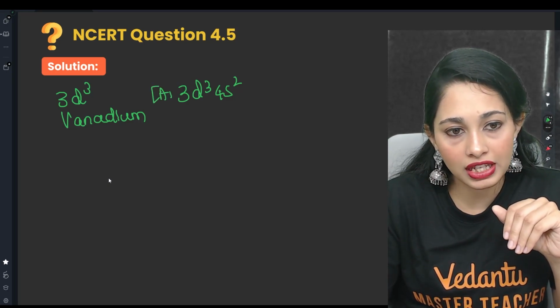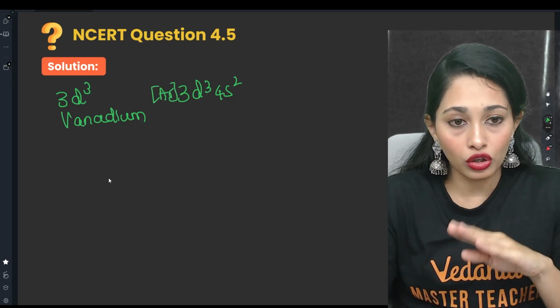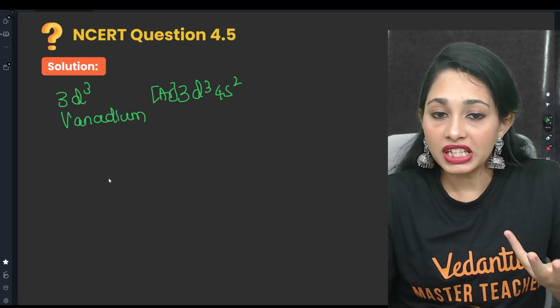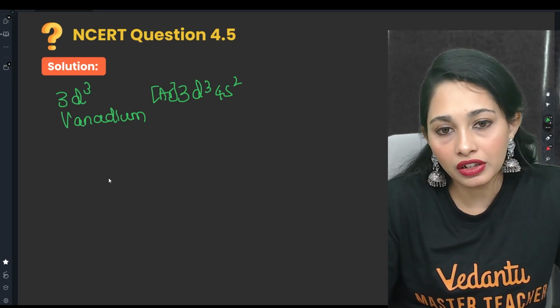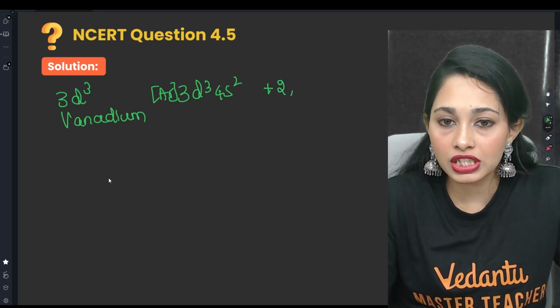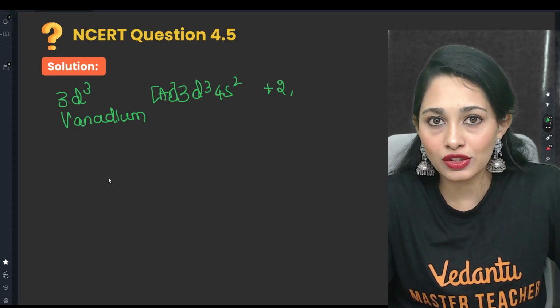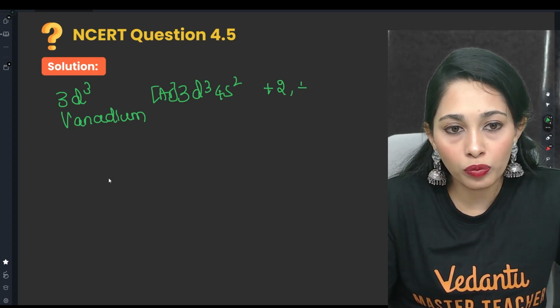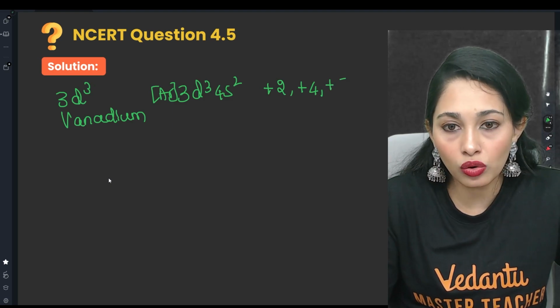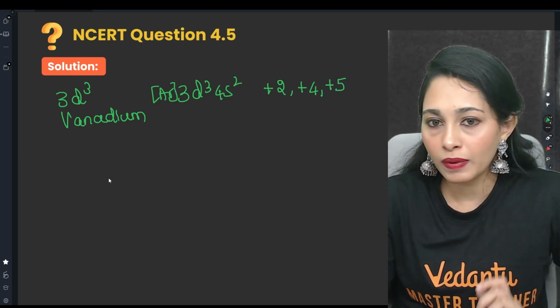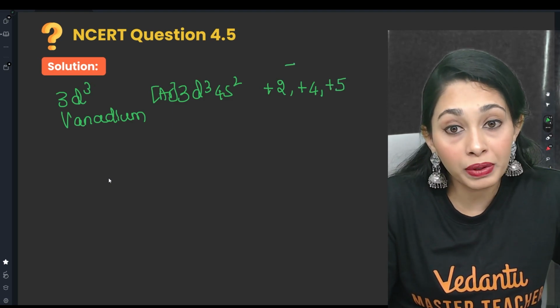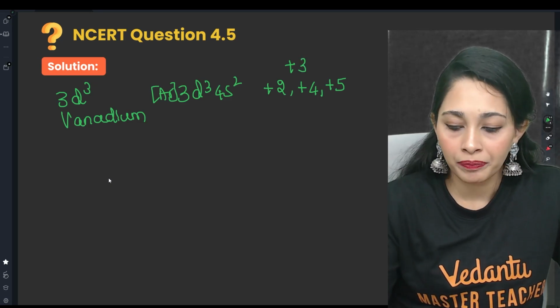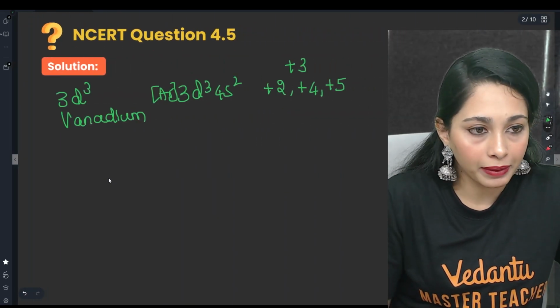We have argon followed by 3d3 and 4s2. So what is the stable electronic configuration here? It can show +2 oxidation state if you remove 2 electrons from s orbital, and it can show +4 oxidation state. It can show +5 oxidation state as well. Okay, so it can show +3 oxidation state as well. And then we have 3d5.